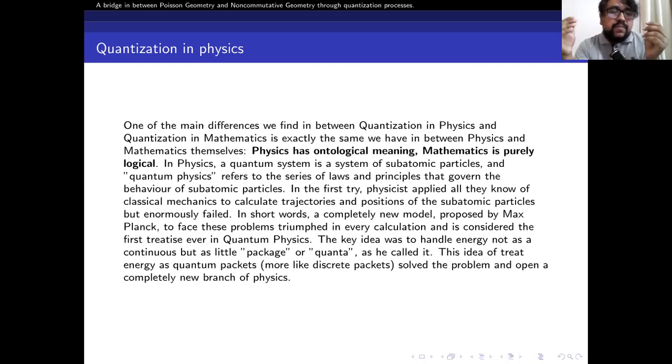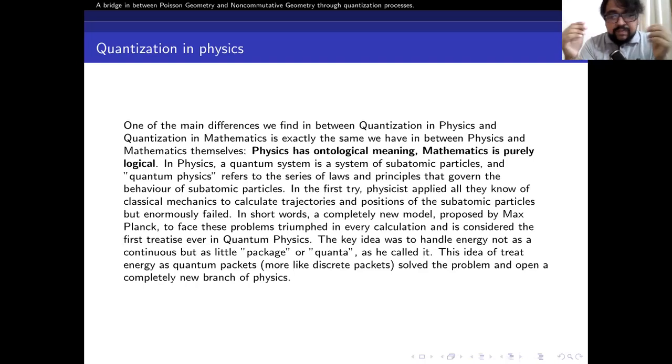So, physics has ontological meaning. It's real. It's in the real world. We can measure it, and mathematics is purely logical. So, in physics, a quantum system is a system of subatomic particles, basically. Quantum physics refers to the series of laws and principles that govern the behavior of subatomic particles.